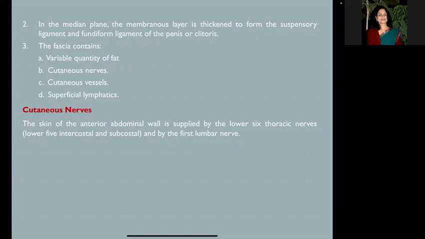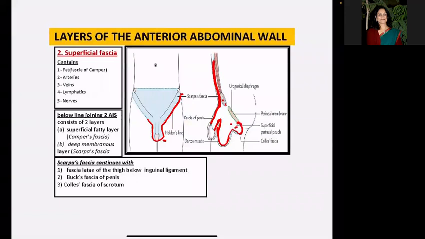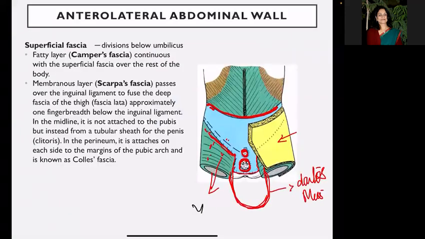Again, I'm revising that superficial fascia has an outer thick layer, that is the fatty layer, and an inner firm, membranous, fibrous layer. This is the fascia of Camper, and this is the fascia of Scarpa.